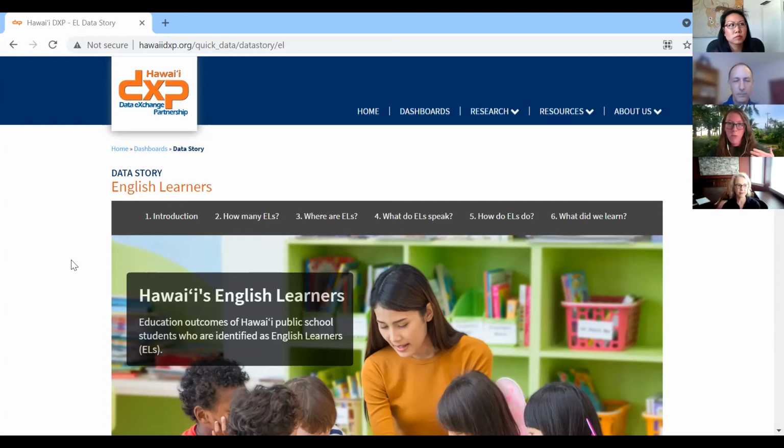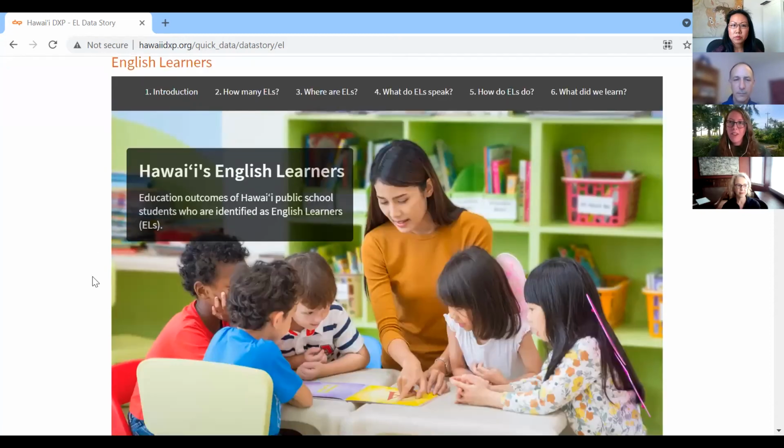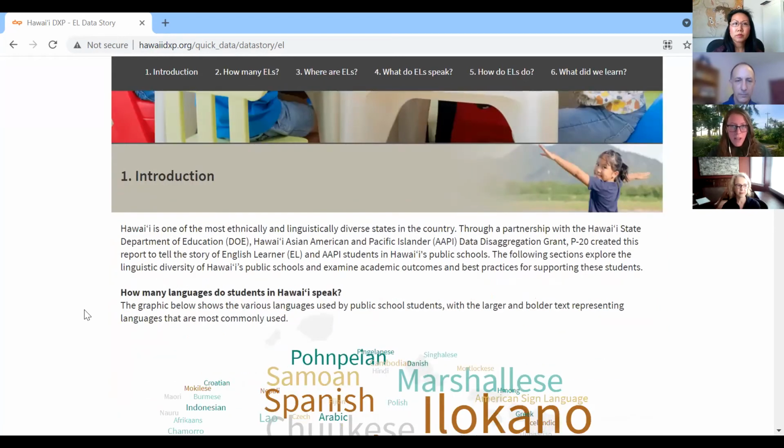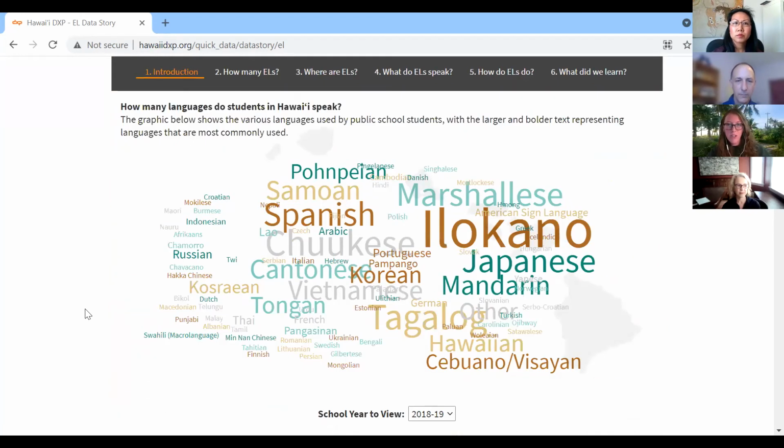And so this is, I think, the most recently updated year, I think it's 2019, because we all know what 2020 looks like. But this presents a fantastic idea of a resource of showing how the different data is disaggregated to show how different outcomes are happening for different EL groups. And so this is a nice little visual of all of the different languages that are spoken in Hawaii.